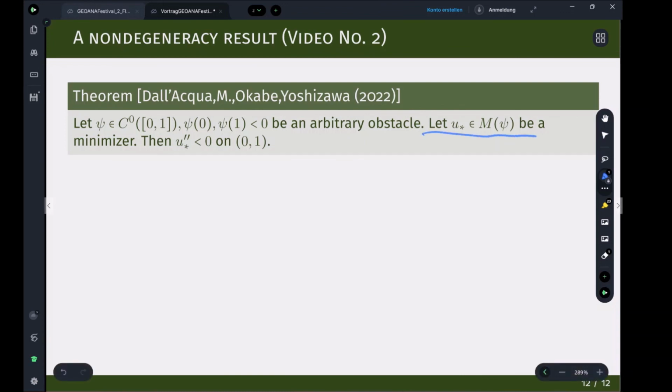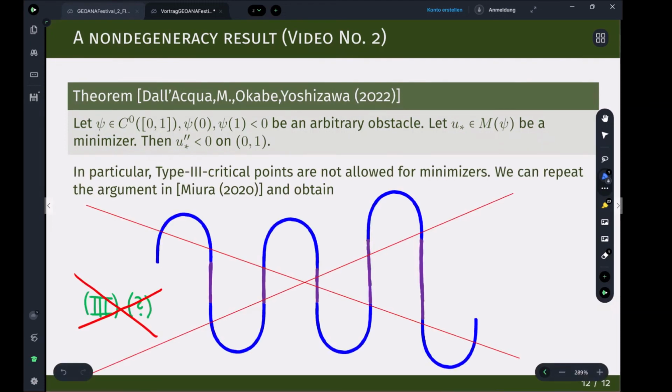So if I take a minimizer, then one can show that the second derivative is strictly smaller than 0 between 0 and 1, and this rules out basically all those type 3 critical points. And we will see a proof of this result in the next video.